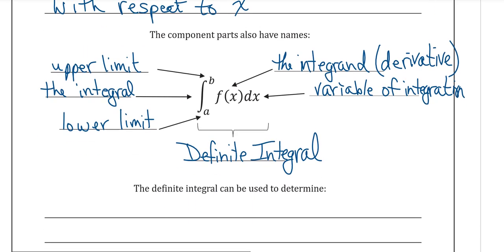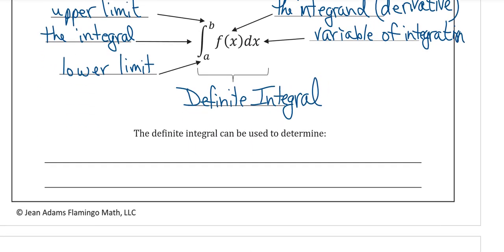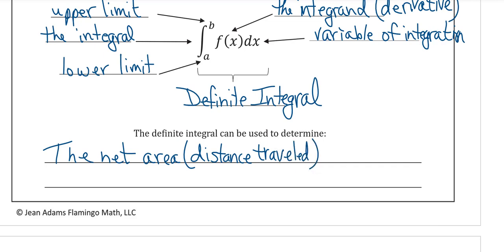And what do we use our definite integral for? It's used to find the net area, or, if you want to think about it from what we've done in previous units, the distance traveled, because remember we were looking at velocity graphs and then we used the area under those graphs to find the distance traveled.